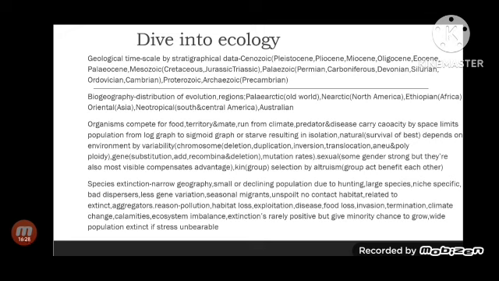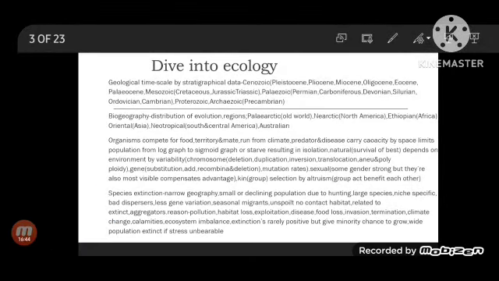Let's say there are a hyena and a lion, so they will fight for the same prey. Why? Because they both are at the same trophic level in the food chain. They both are going to eat the same prey, so they're going to compete.